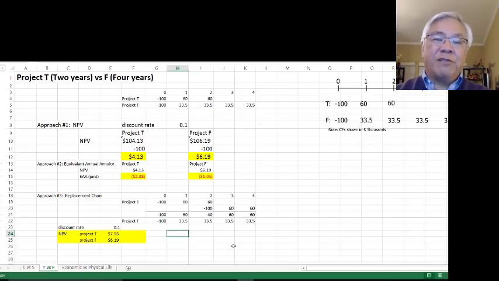However, it's just over too quickly. So the EAA shows that by saying what's the equivalent annual annuity, and also this idea of replacement chain shows it, that we're better off with two sequences of project T rather than one sequence of project F.